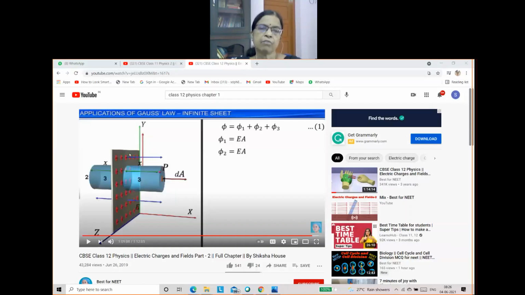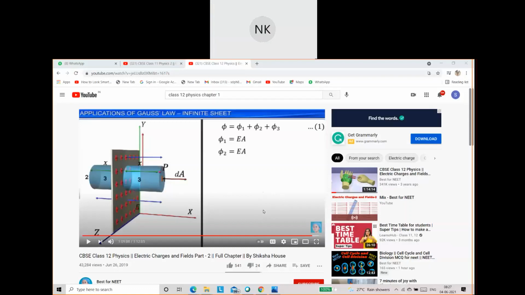The angle between them is 90 degrees, so phi 3 becomes 0. E dS cos 90, cos 90 is 0. So phi 3 is not there. Only the flat surfaces have flux crossing them, so the total flux is equal to 2 into E into A. Did you understand, children? Total flux through the Gaussian surface is 2 into E into A. Please tell.